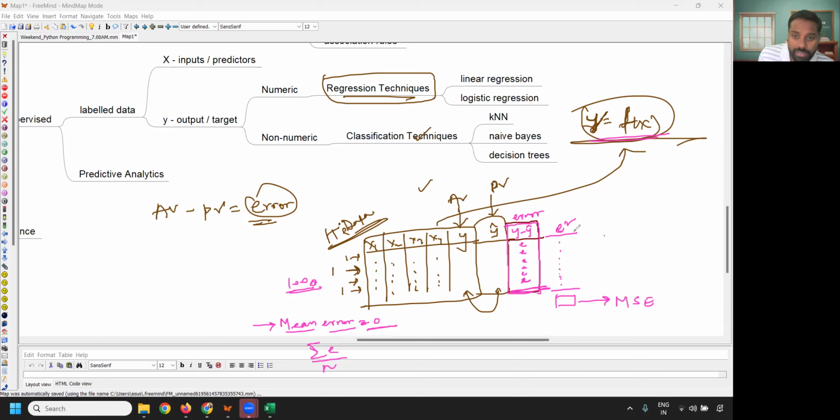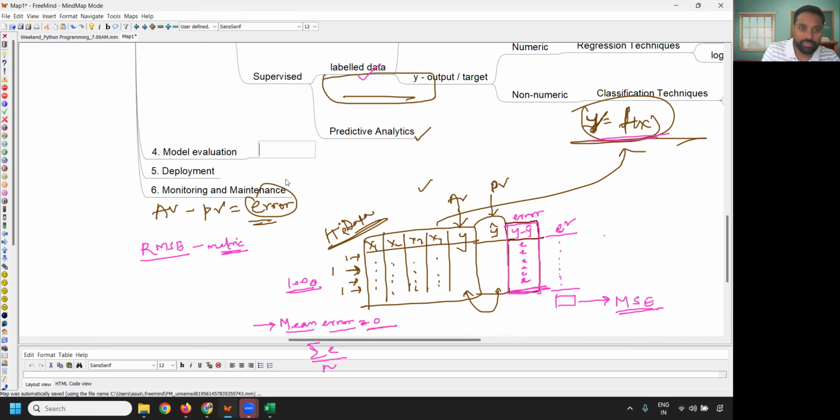But units also get squared. It doesn't make any sense. So what do we do? Finally, after calculating it, we take the root of the mean squared error. Now, this is the metric which needs to be used for evaluating the regression model, RMSE.